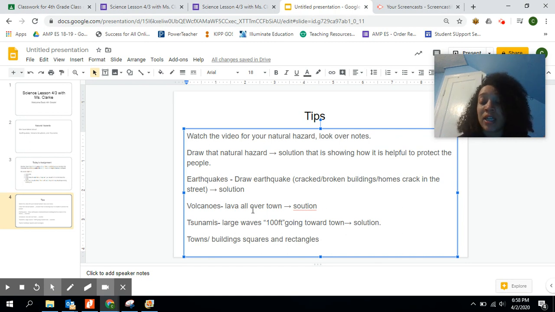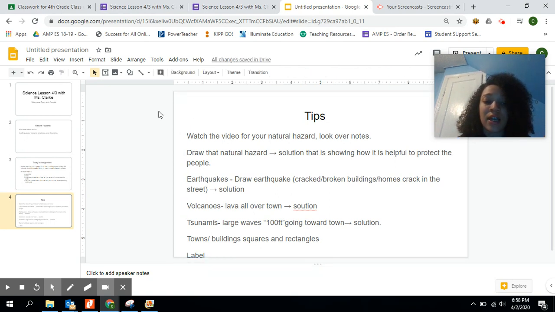I know a lot of you see drawing and you're like, oh my gosh, I can't draw. You guys can do it. You are able to represent it and label. That's key, because if you're not labeling, I can't fully understand what is happening or how that is a solution, right?